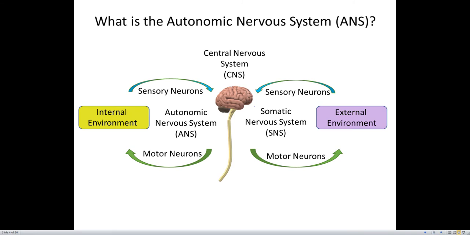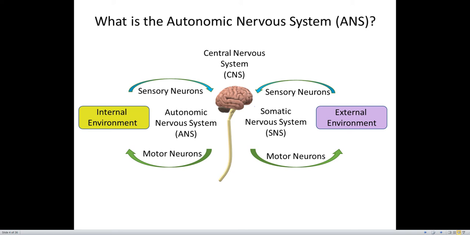Now, we can't talk about hemodynamics, blood flow, perfusion, whatnot, without talking about the autonomic nervous system. So what is the autonomic nervous system? Well, it's a branch of the central nervous system. And on the left side of this figure, you can see that the internal environment inside your body, temperature changes, volume changes, glucose changes, metabolic changes, etc., are going to give off a vibe that's going to produce a signal that is going to be transmitted through the sensory neurons to the brain.